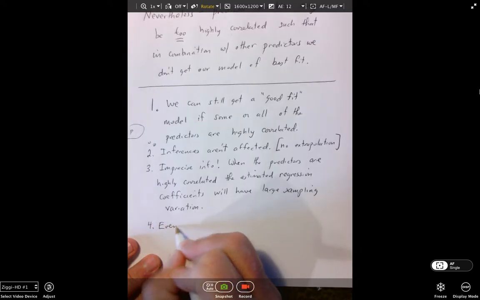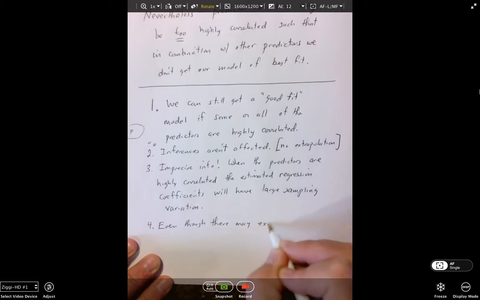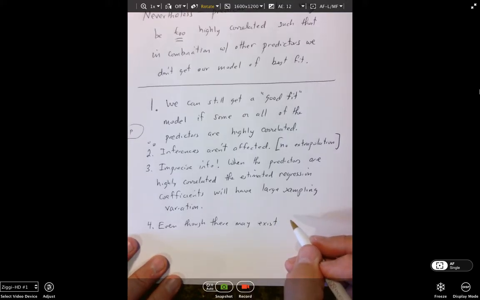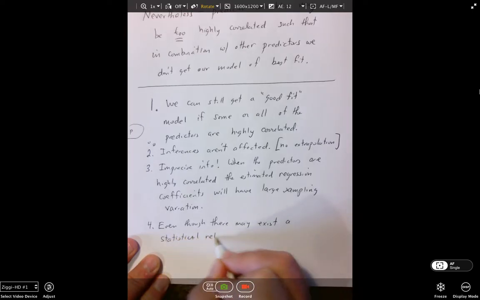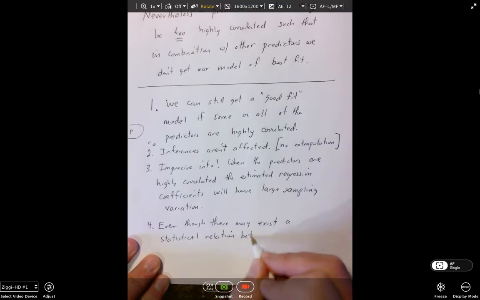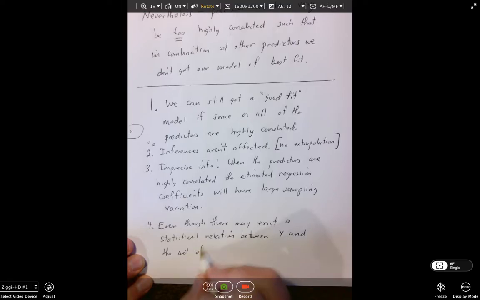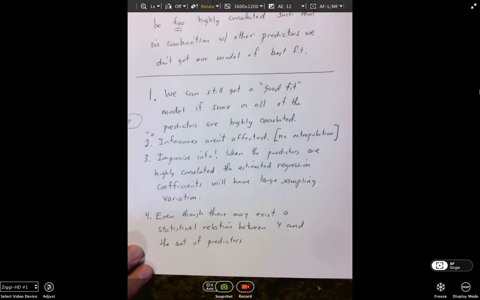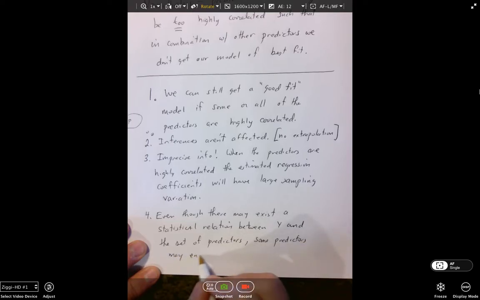Even though there may exist a statistical relation between y and the set of predictors, not only the set of predictors, but the predictors individually, some predictors may not end up being statistically significant.